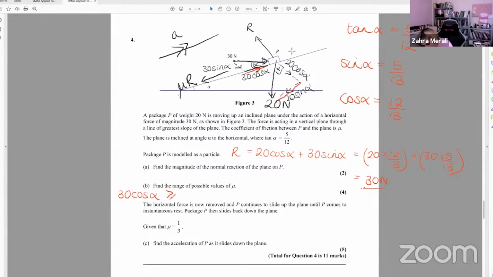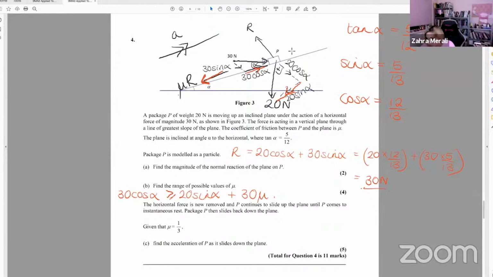this going down the plane and our mu R. So we're going to have 30 cos alpha is bigger than 20 sine alpha plus mu R, which will be 30 mu, plus our friction. Okay, so we know what cos alpha is and we know what sine alpha is.